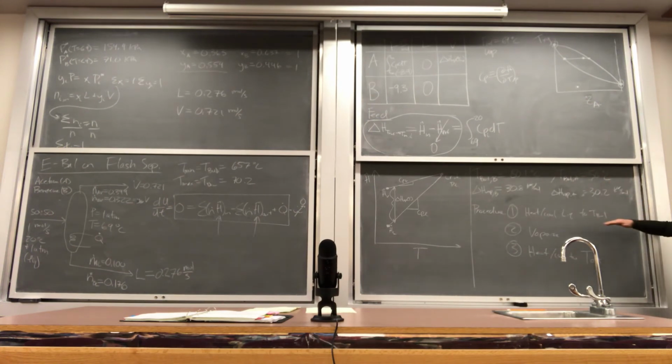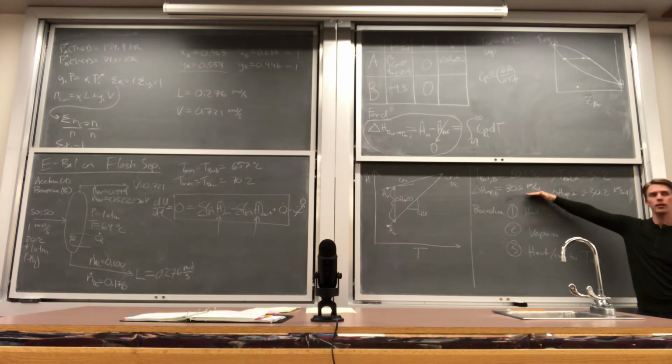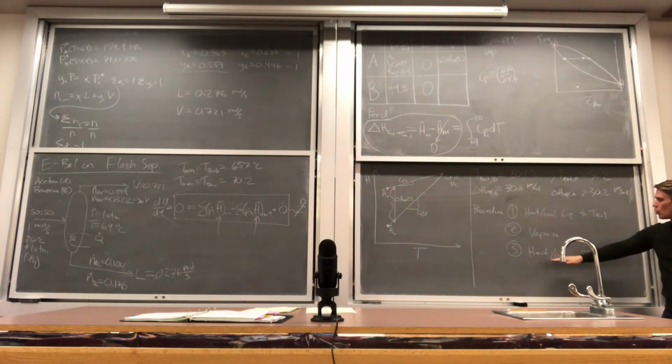So in the case of benzene, we're going to have to heat it up from the outlet conditions of 69 to 80. We vaporize it following the tabulated information that we have access to, and then we cool it back down to 69, which is the outlet temperature of the vapor.